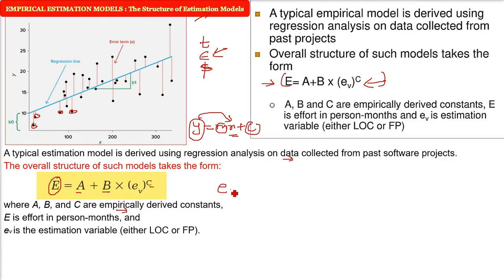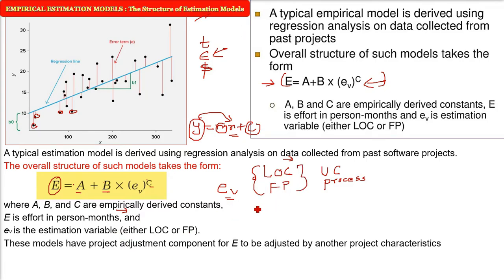And then we have EV, the estimation variable. A, B, C are constants. So EV is analogous to x here for the line. Can you put the LOC? Yes. FP? Yes. Lines of code, the function point. You can even use use case points and processes. But most of the time we take lines of code and function points.